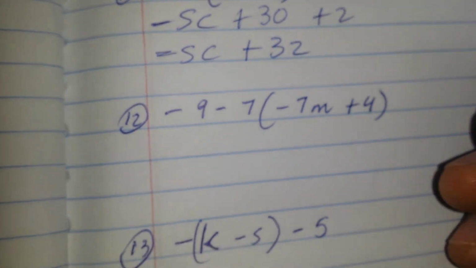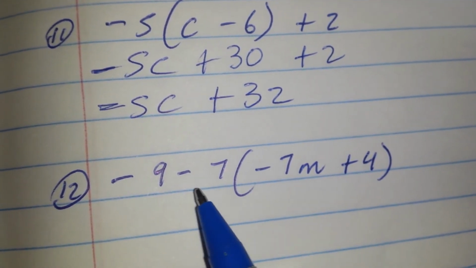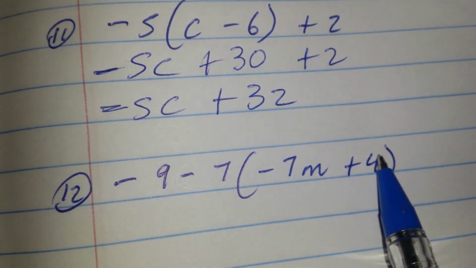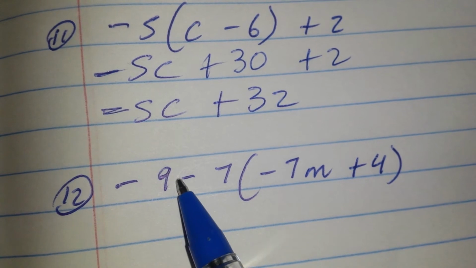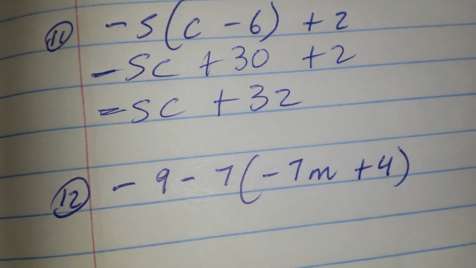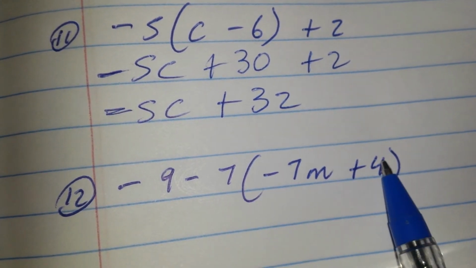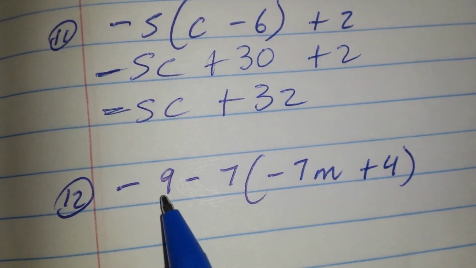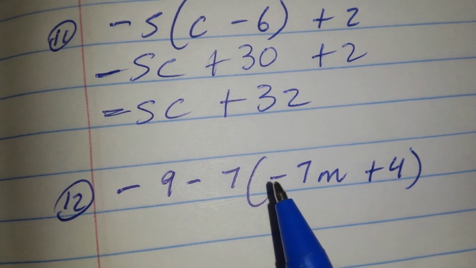Let's try number 12. Okay, so always do the brackets first, always expand the brackets first. So that's the minus 7 multiplied by the two terms in the brackets. Understand what's going on here? Remember, the sign in front of a number belongs to the number, and always expand the brackets first. That's the first thing you're doing. Even though the bracket is in the middle of the expression, brackets first.